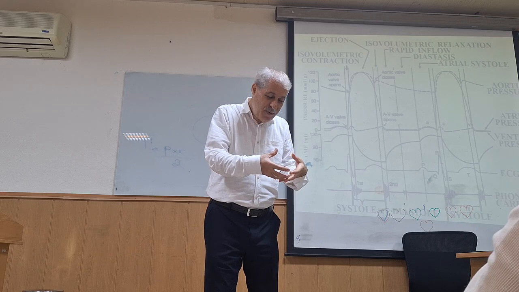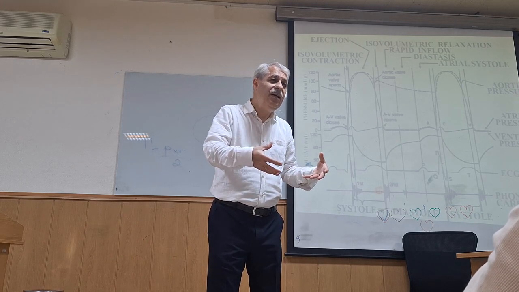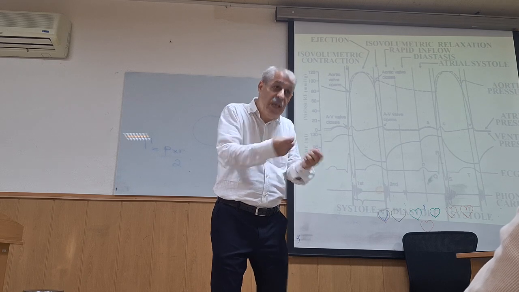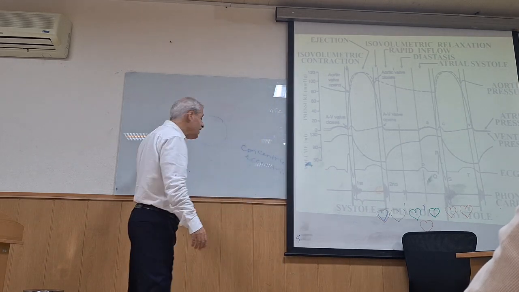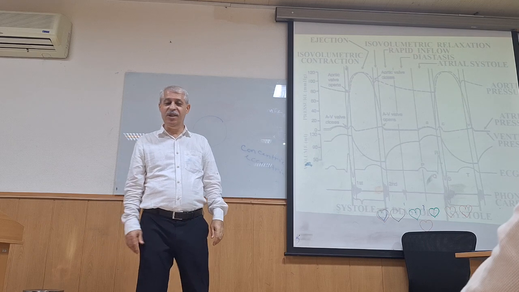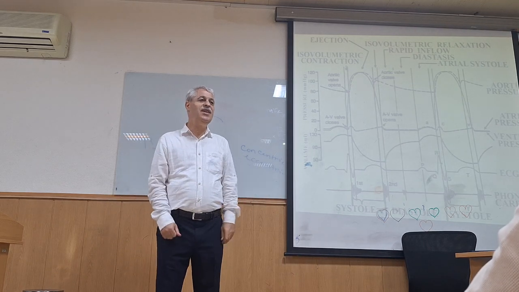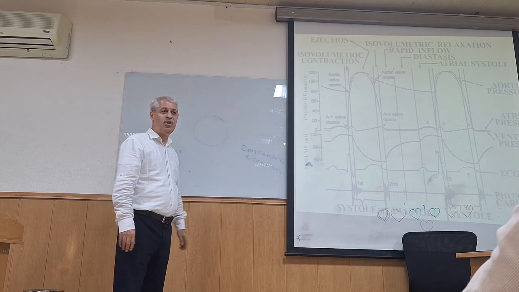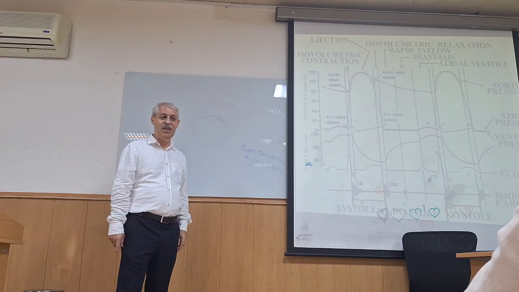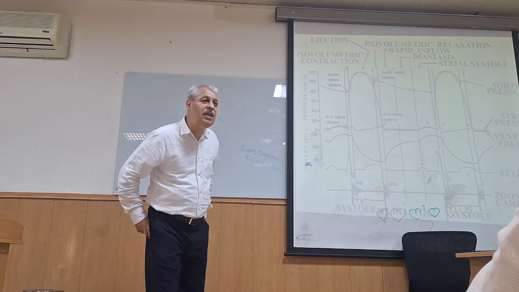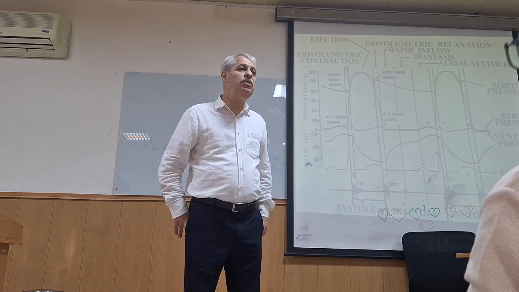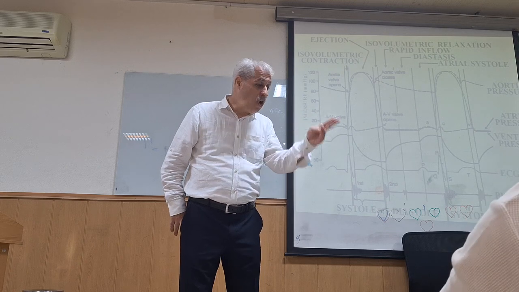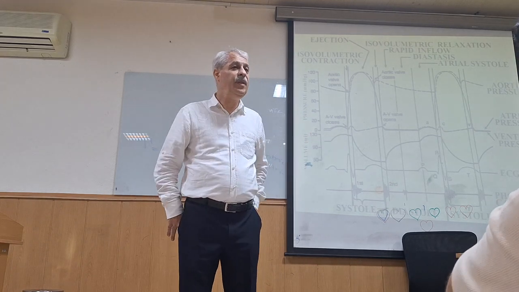Volume overload expands the internal cavity. The radius increases, so the tension also increases. The amount of oxygen used will increase because it is directly proportional to tension, and the failure will deteriorate further. This is called the time tension index.